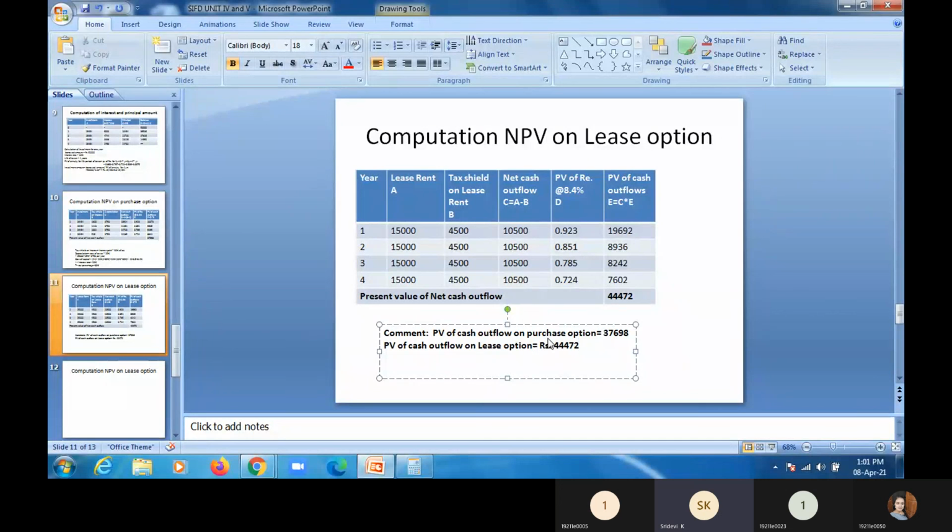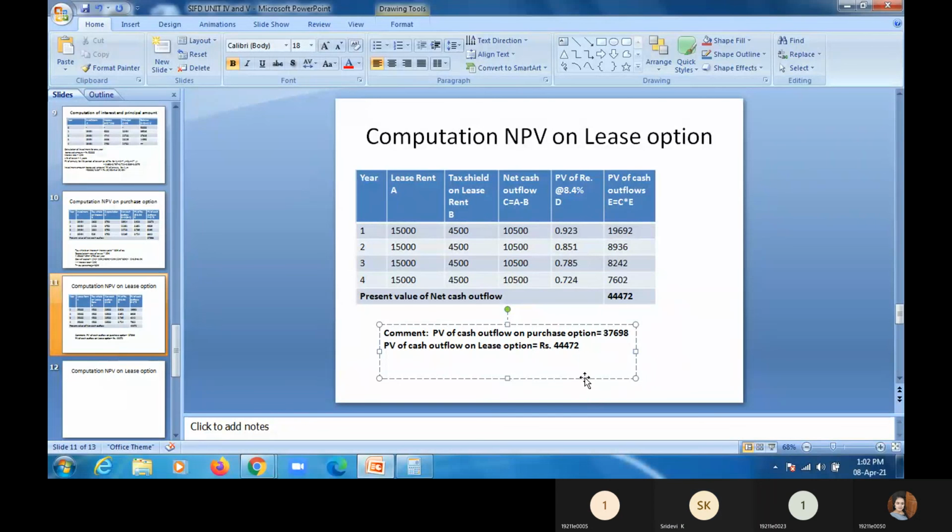So cash outflows here, in both these cases we have taken down. So because this is a cash outflow, which option are you going to suggest them? Whenever we are going to find out the NPV, whichever is higher, that option we will be selecting.